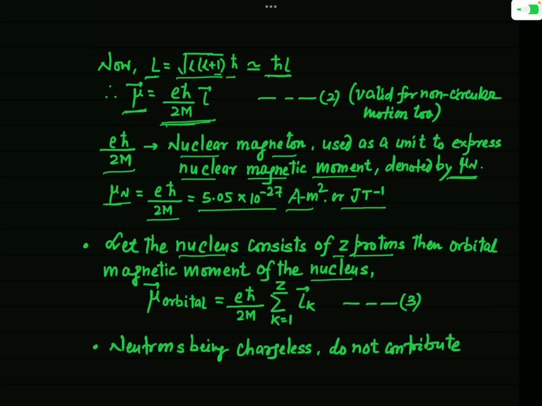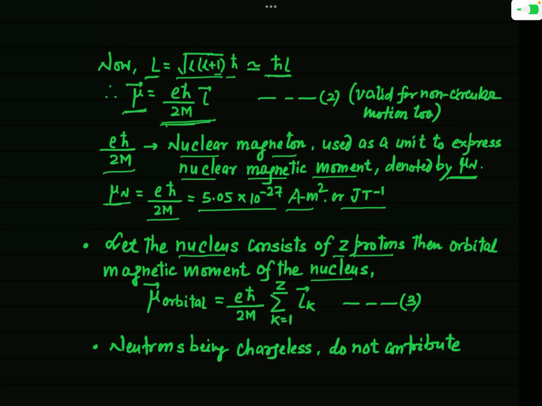We will simply calculate the magnetic moment of each and every proton, and then we will add them vectorially. When you find the vector sum of the magnetic moments of each and every proton, you will get the orbital magnetic moment of the nucleus.